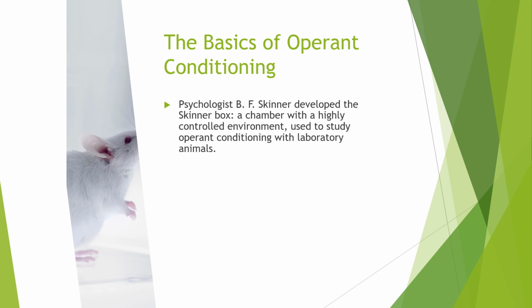So this is an electronic chamber that's hooked up to a computer. It's a very controlled environment. You're setting up and you're controlling the whole situation. And he used these Skinner boxes in the laboratory to train animals with operant conditioning. So what he did is he used rats. He made them hungry, right?